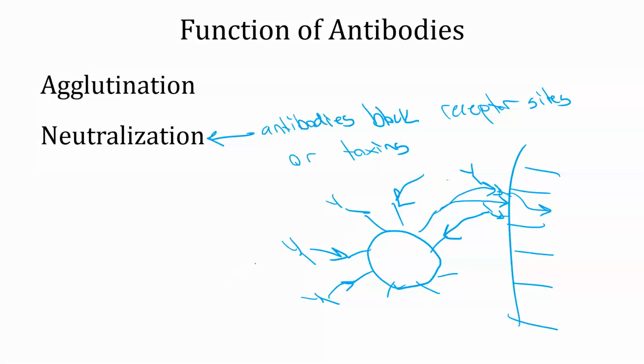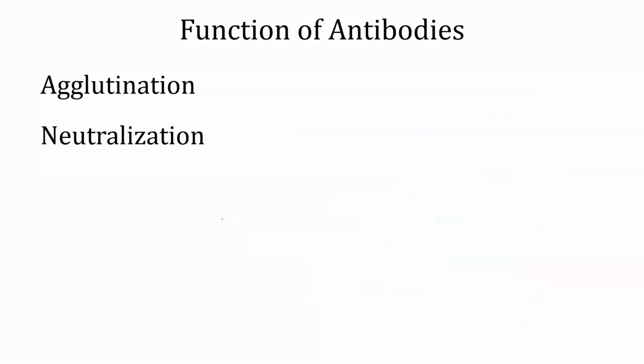Similarly, if a bacterium created some sort of toxin, and the way that the toxin worked is that it bound to different things in your body and caused destruction, well, if you had antibodies against that toxin, the antibodies could actually bind to the toxin, and then the toxin can't bind to the things that it normally binds to make you sick. So it can just prevent toxins and viruses and things from doing what they normally do.